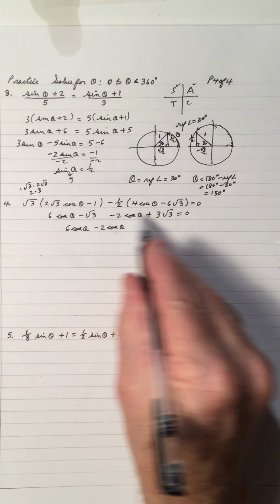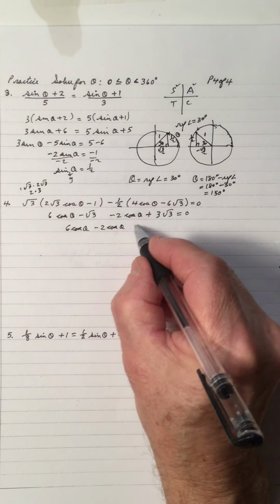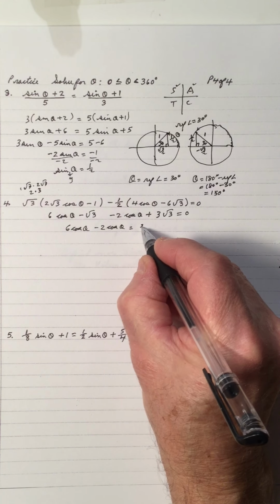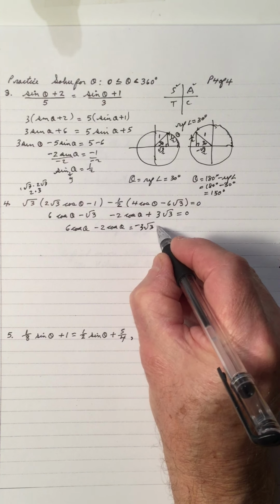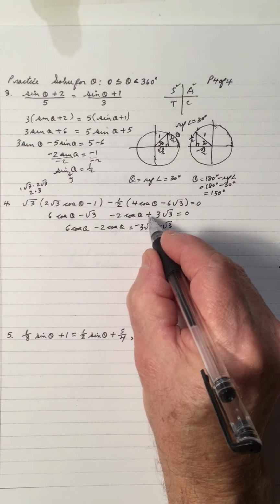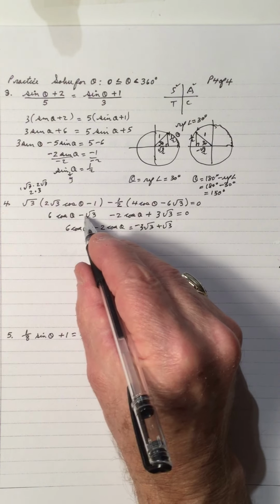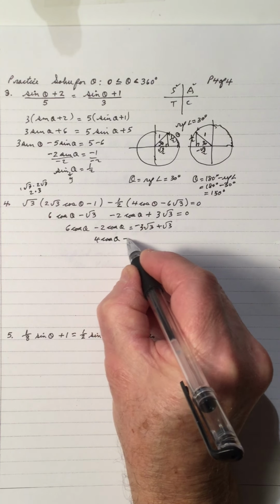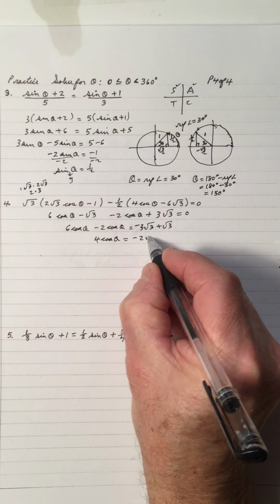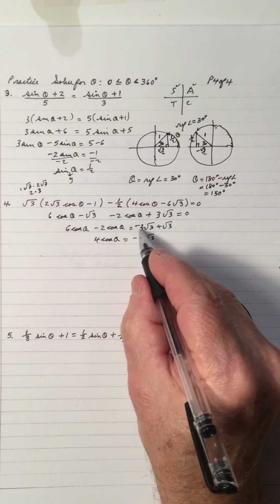Or I could simplify all this side first and then move it. I have a choice. So I get, that's a negative 3 and a positive, negative. That's a positive becomes a negative. That's a negative becomes a positive. So that's 4 cos theta equals negative 2 root 3.